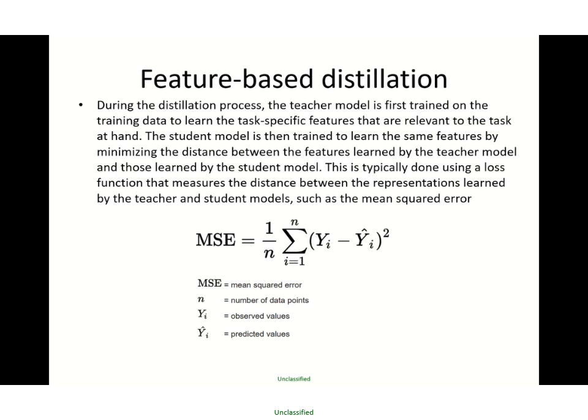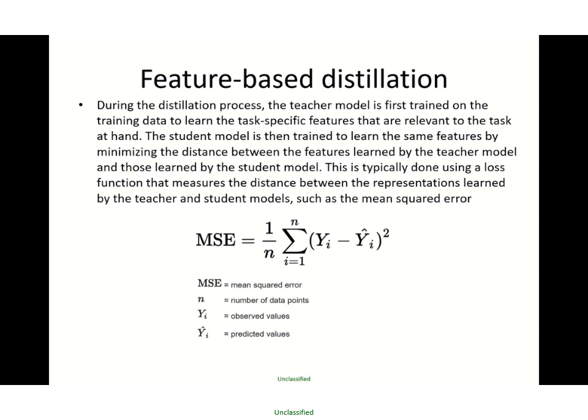Below is the mean squared function that is used in linear regression, whereby you apply this formula as the loss function to minimize the distance between the features of the teacher model and the student model.